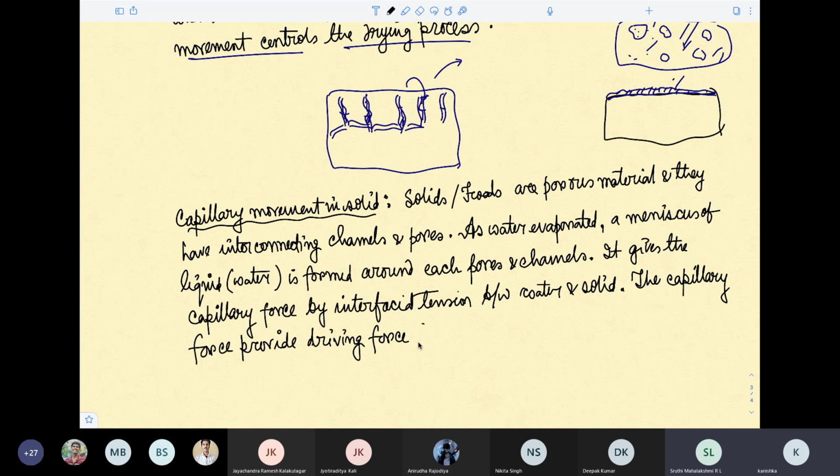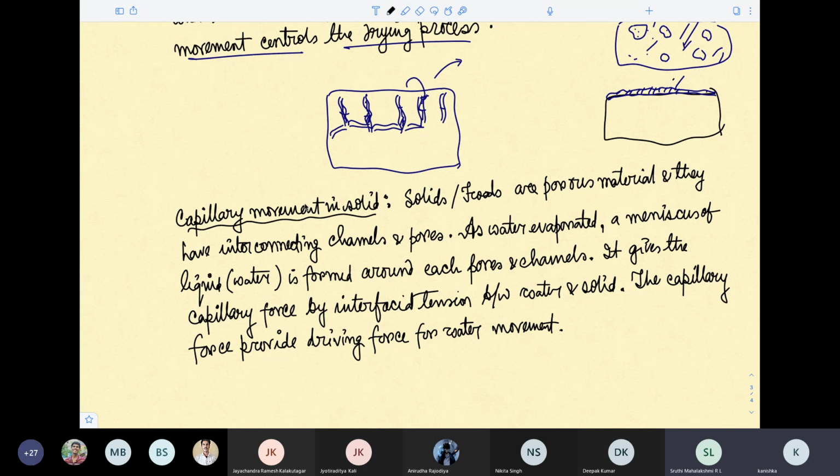You understand, so by the capillary force, water is coming up. When it starts receding, air will be sucked in. Air rushes to fill the gap, the void in the channels. We call this process funicular drying.